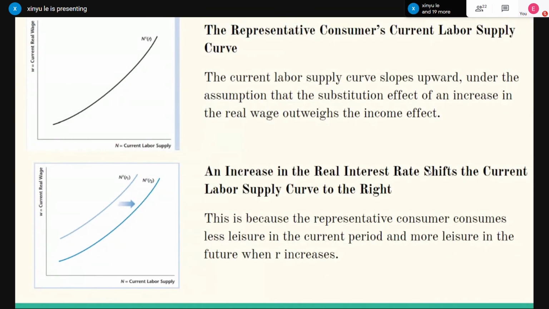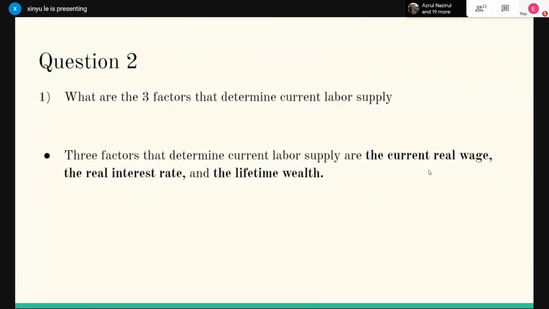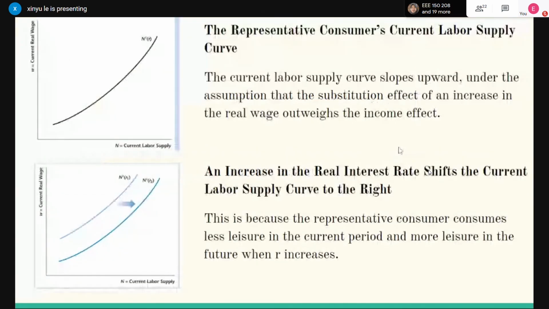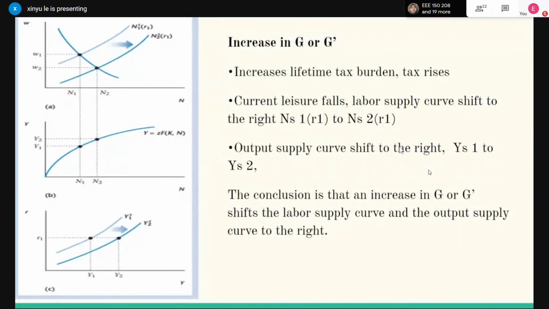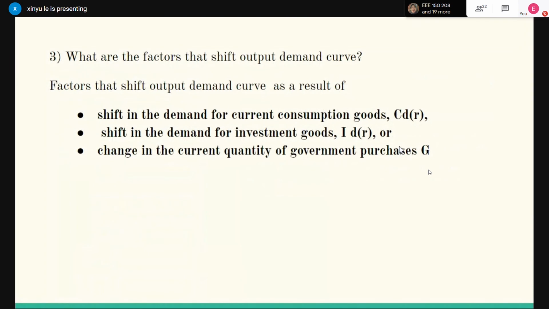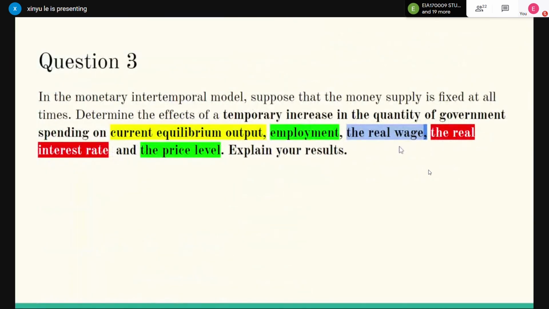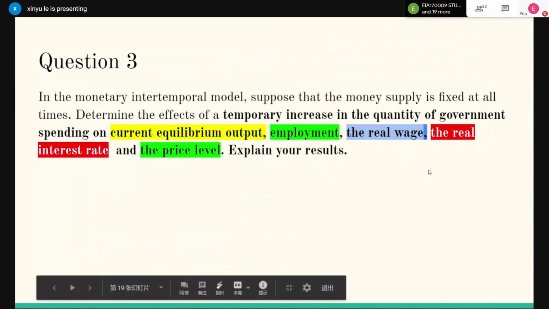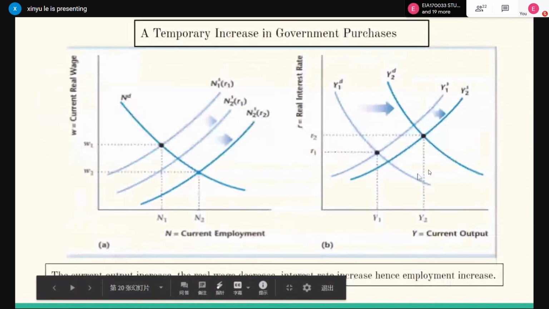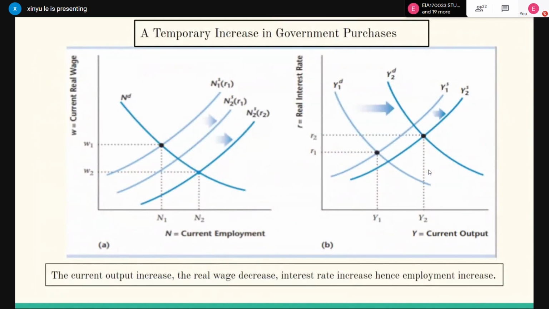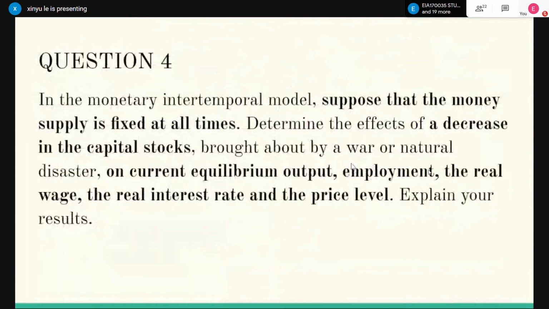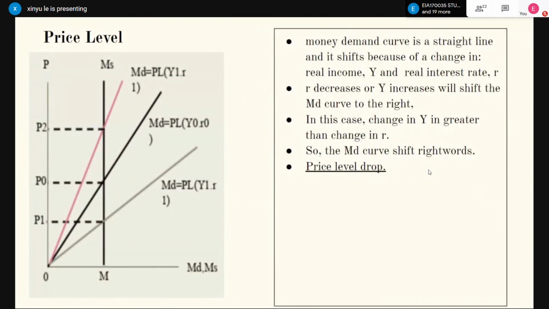The money market will tell us a great story about what is happening in the real world. Can you go down to the slide on the money market? Yes, that's the one, guys.